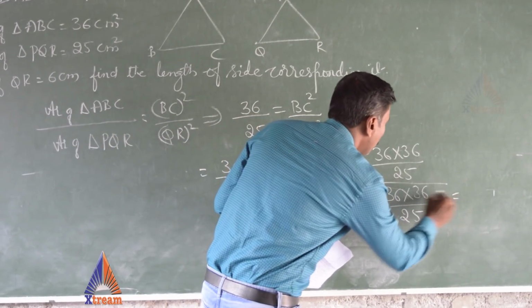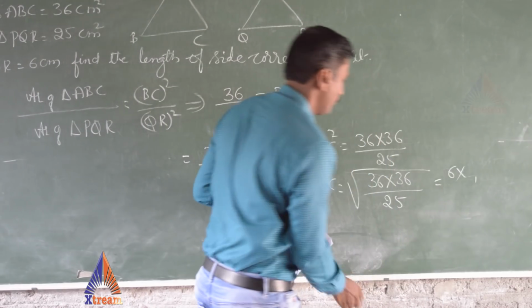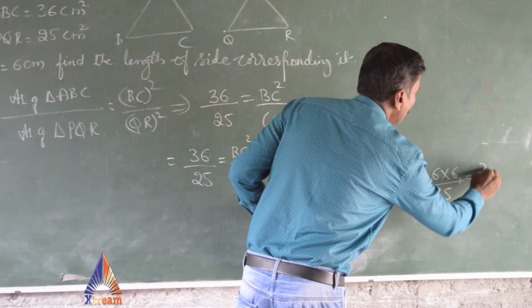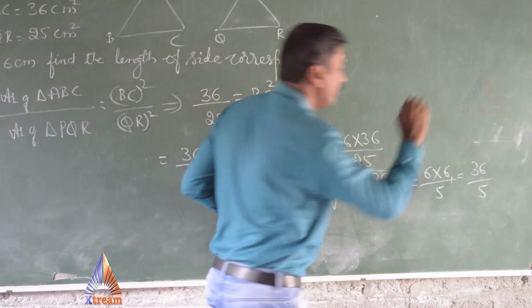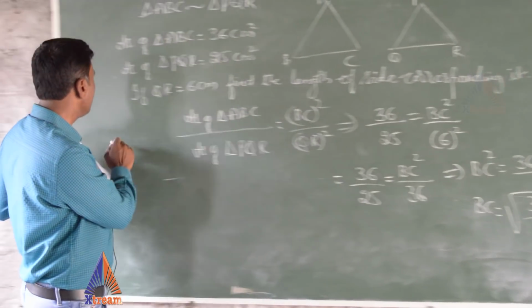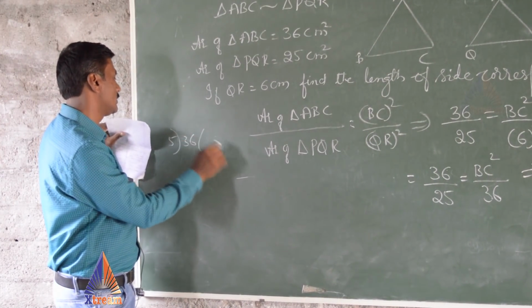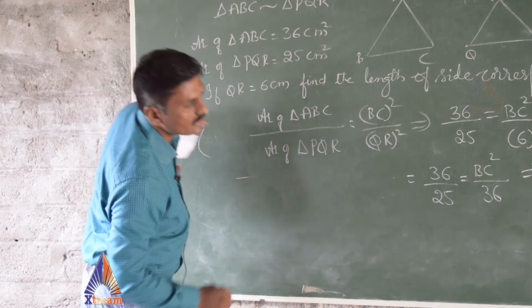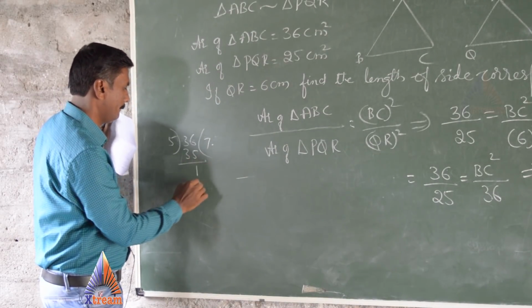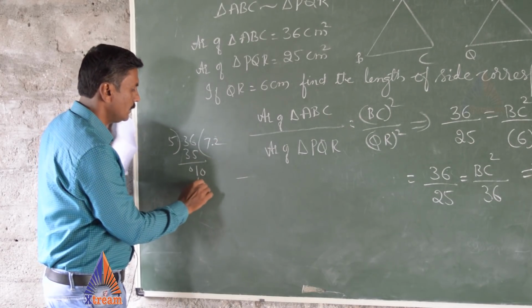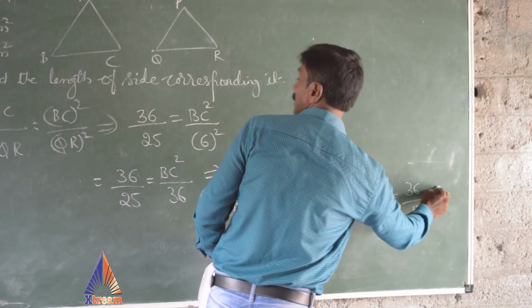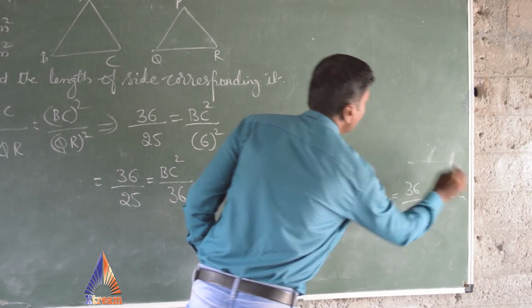So what is the square root of 36? 6 by 5. So 36 by 5, 6 6 are 36. 36 by 5 means how much? 5 7s are 35. 5 2s are 10. So it is equal to 7.2 centimeters.